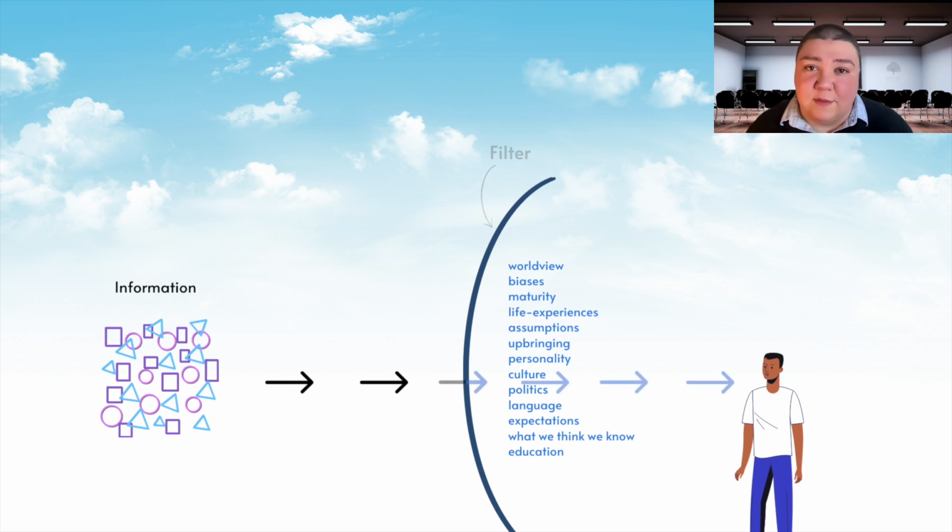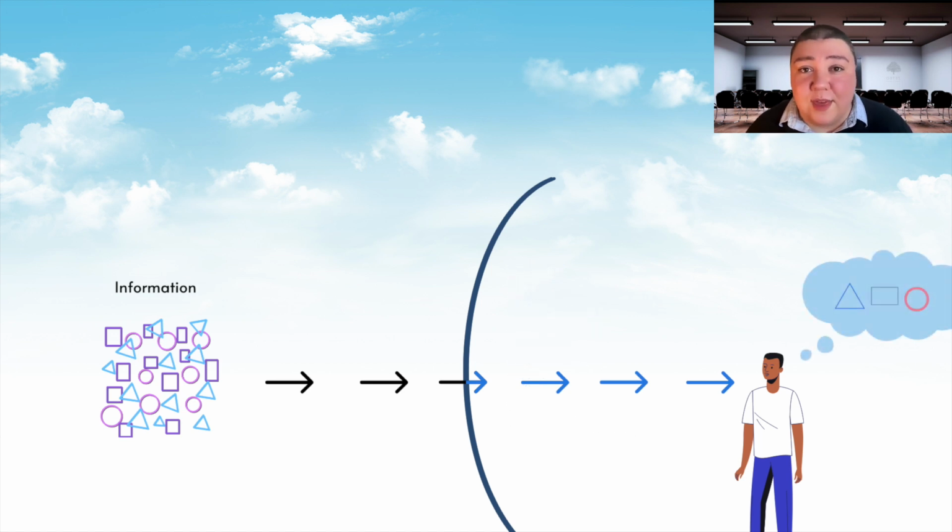Everything we receive goes through a filter. Or another way to put this, everything we see is seen through a lens. And that lens is colored by many things, thus affecting what we think we see.